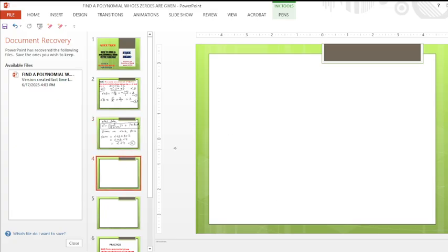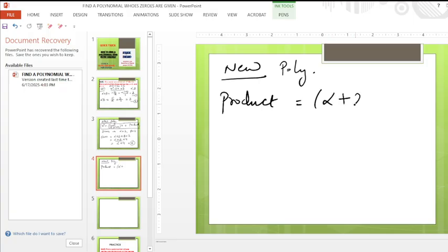Now we'll find the product of zeros of the new polynomial. The zeros are alpha plus 2 and beta plus 2. Earlier I told you in previous videos that whenever you have two binomials, you split one and multiply by the whole of the second bracket.